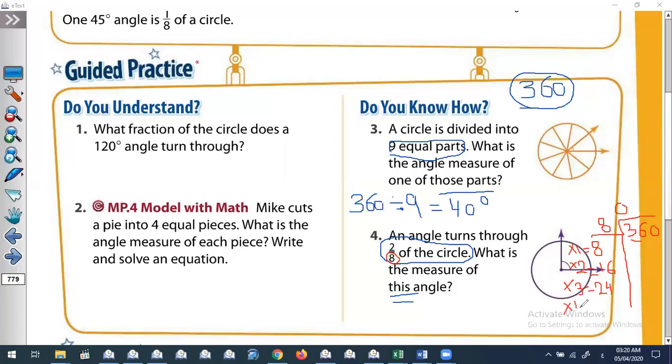Times 4 equals 32. Yes, 32 is smaller than 36. Times 5 equals 40. So 40 is no, because 40 is more than 36. So back to 4, write 4 up.